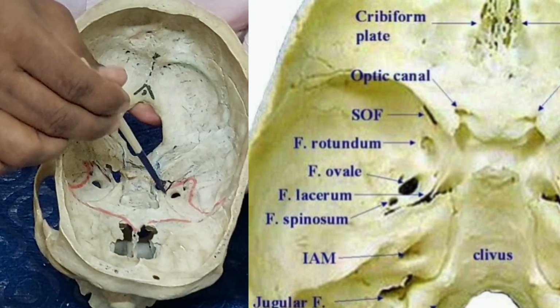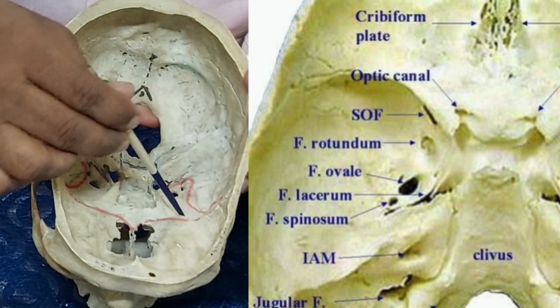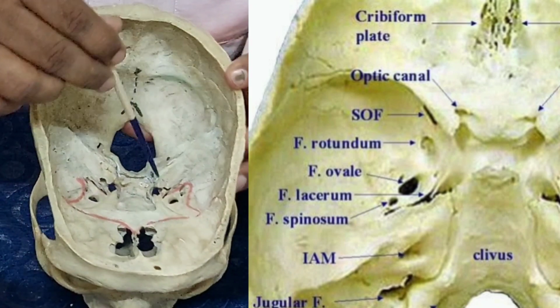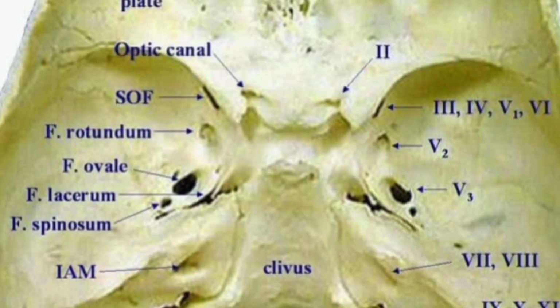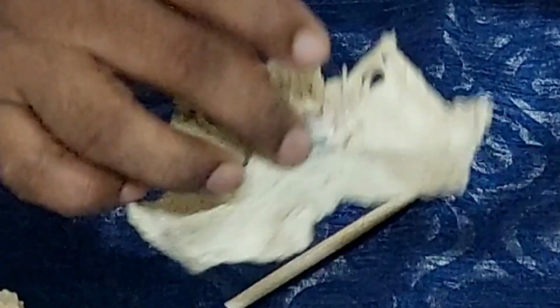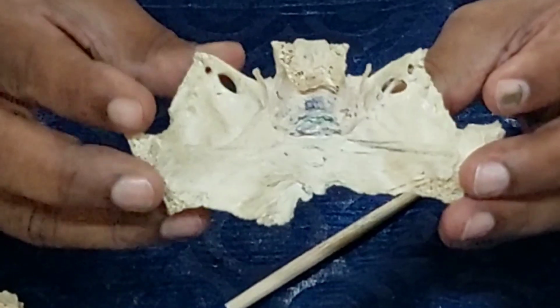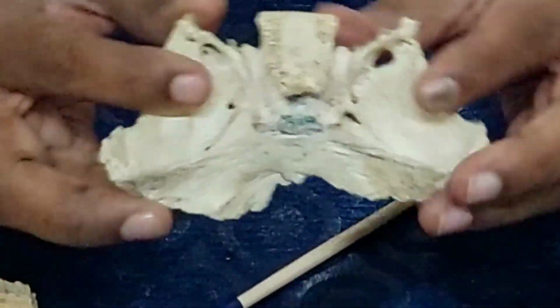That is the structures on this greater wing of the sphenoid and also on the anterior surface of the petrous part of the temporal bone. If you see separately the greater wing of sphenoid here, this is the sphenoid bone.